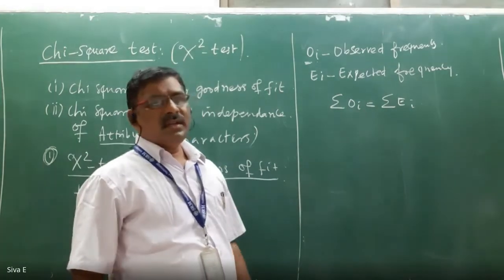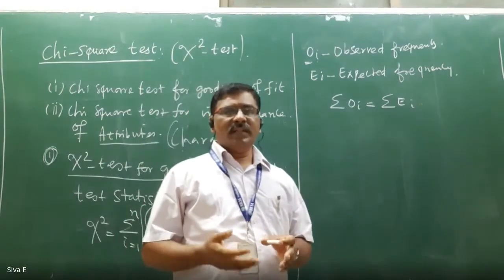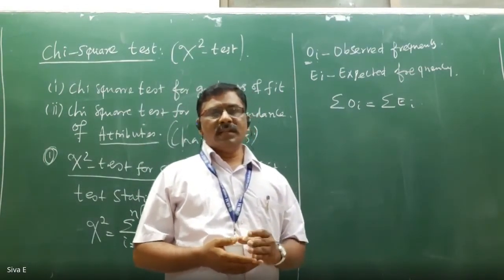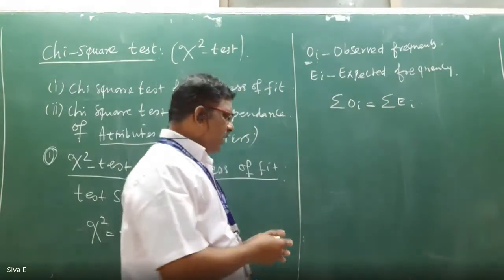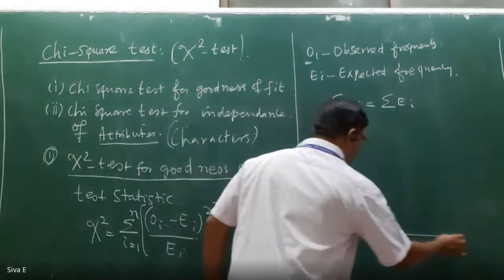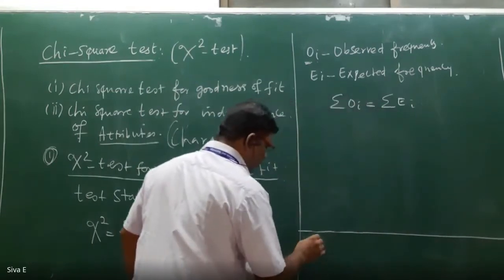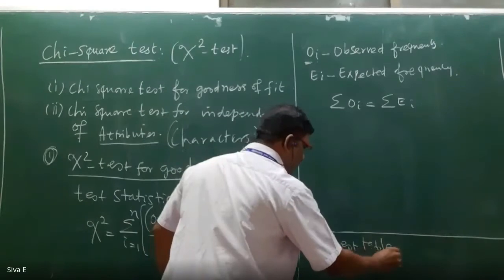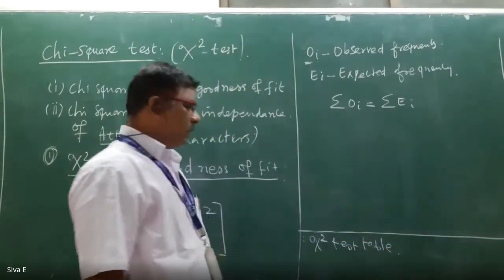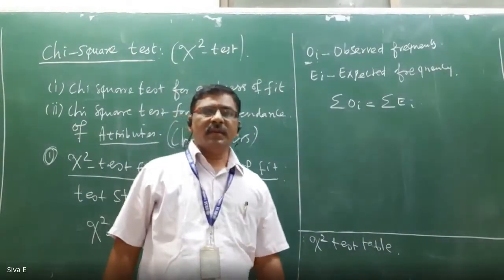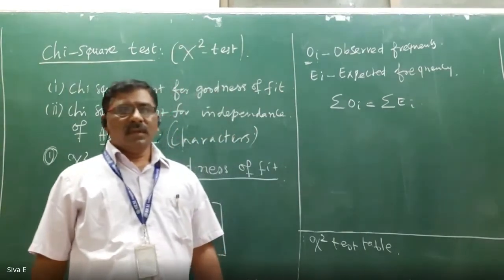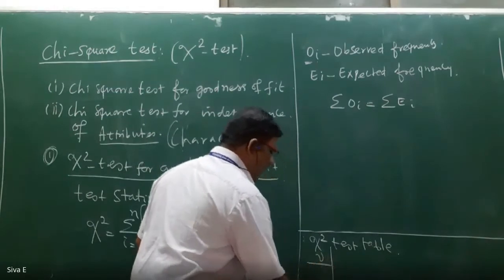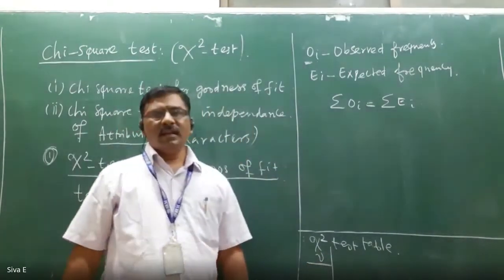How to find the table value for chi-square? Take the chi-square test table. In the chi-square test table, the first column is nu, the degrees of freedom.